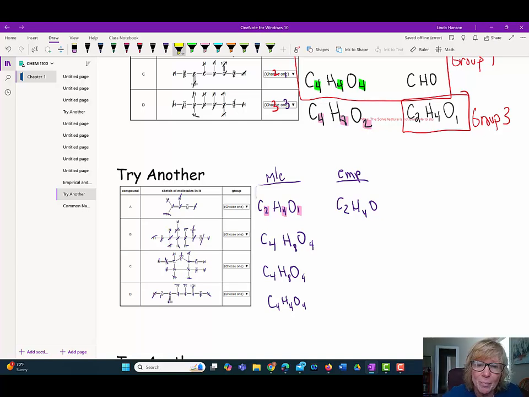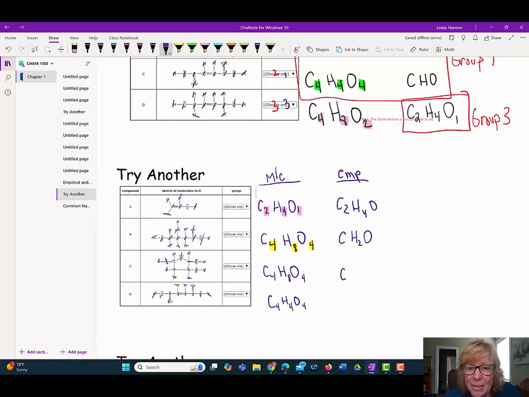In our next compound, a 4-8-4 subscript ratio can be reduced to a simpler form. We'll divide through all of them by 4, giving us C1, H2O. 4-8-4 cut down to the simplest form, we have a 1-to-1 ratio.